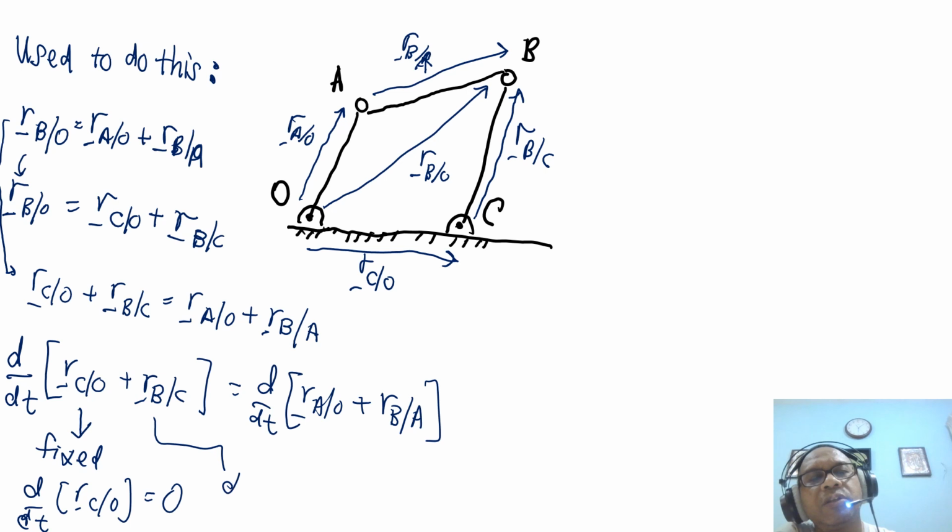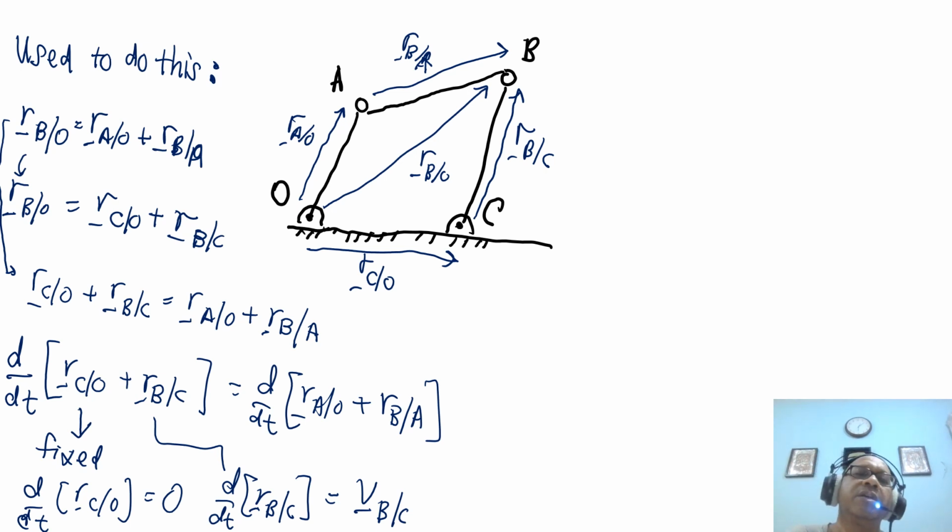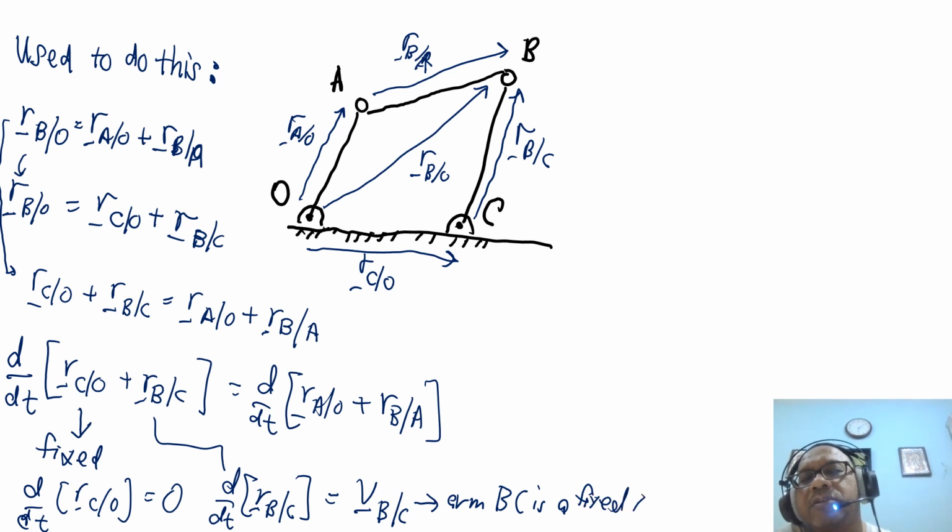So then d over dt of position vector B relative to C gives us the velocity VB relative to C. And we know that C is a fixed axis rotation, so arm BC is a fixed axis rotation. So what happens when we have a fixed axis rotation?